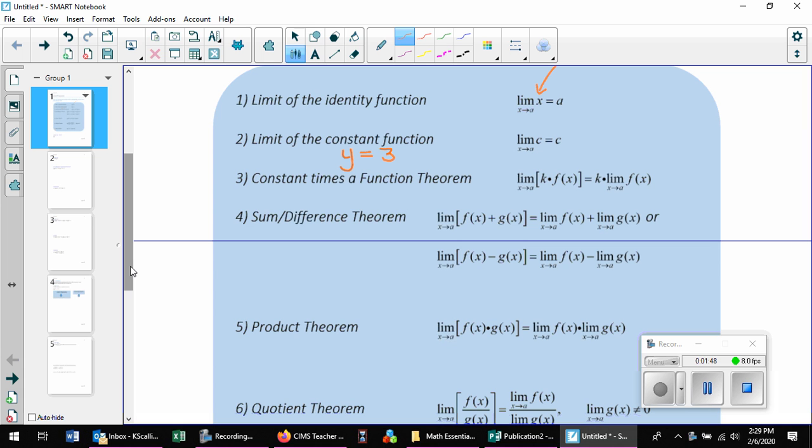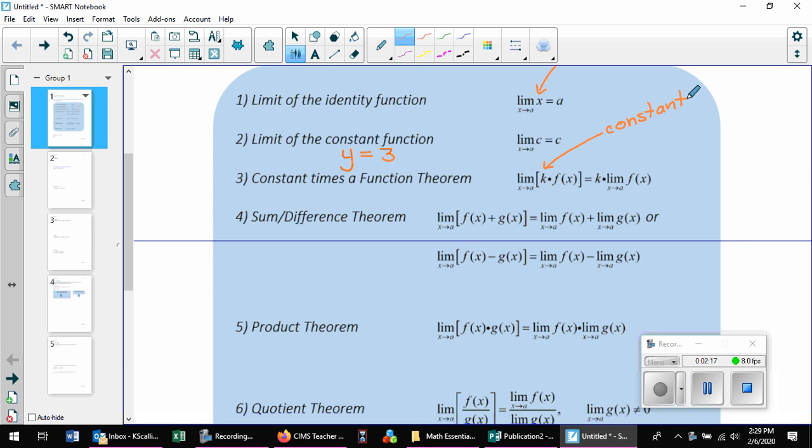Now, if I have a function and it's multiplied by k, and k is constant, the letter k is a constant. If my function is multiplied by k, all that means is I can pull that k out, take my limit and multiply it.